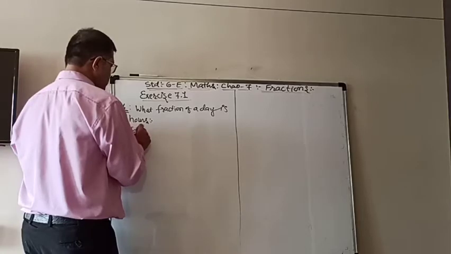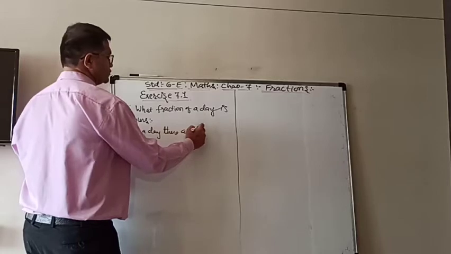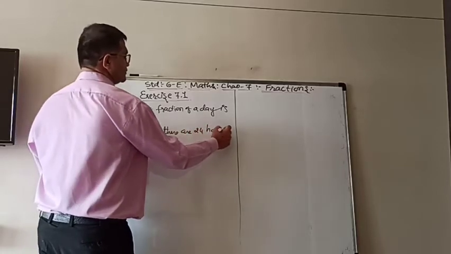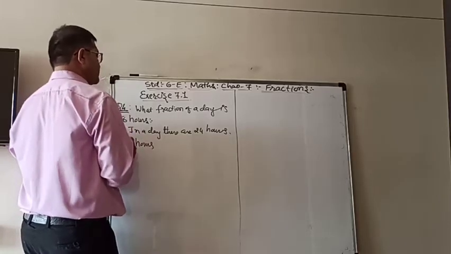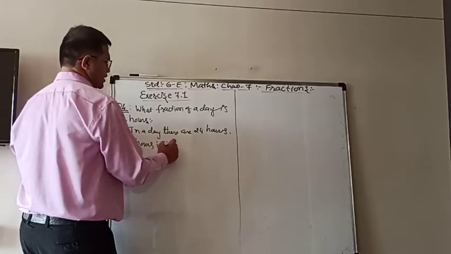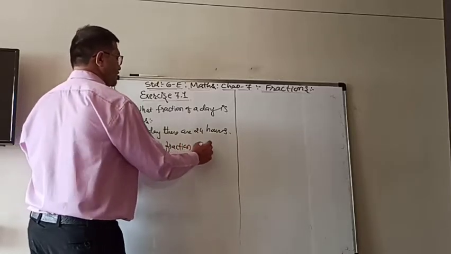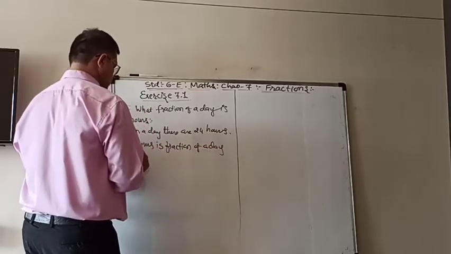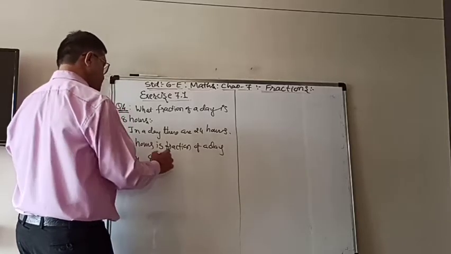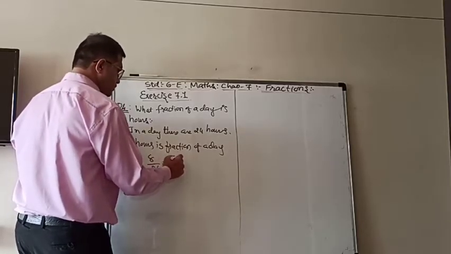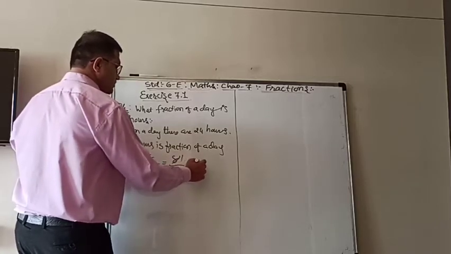So we can write down, in a day there are 24 hours. Therefore, 8 hours is a fraction of a day, by 8 upon 24. Or you can write down like 8 upon 8, 3s are 24. So 1 upon 3.